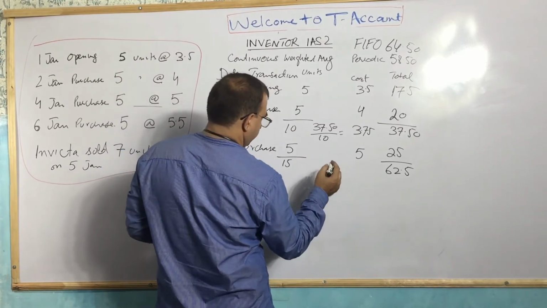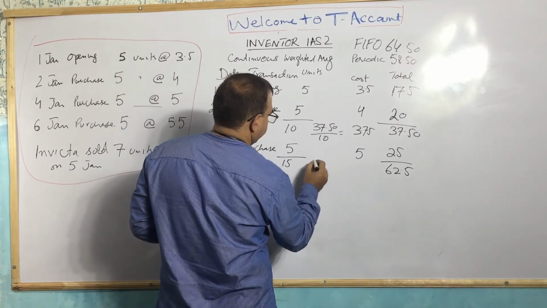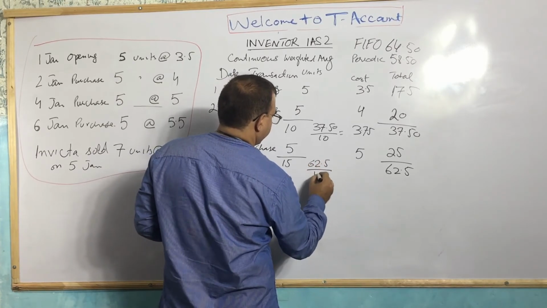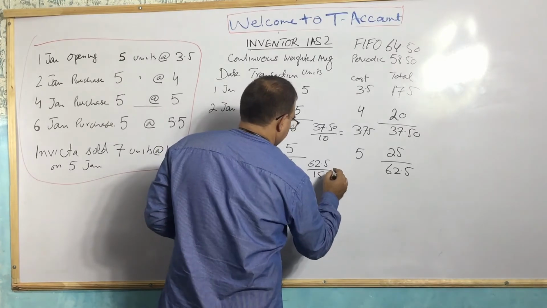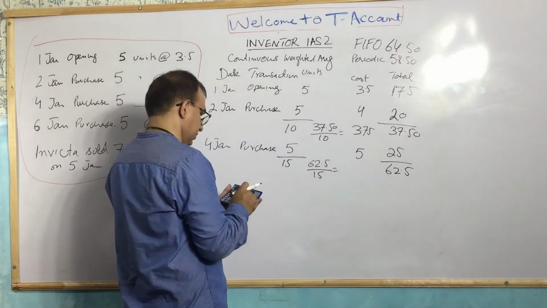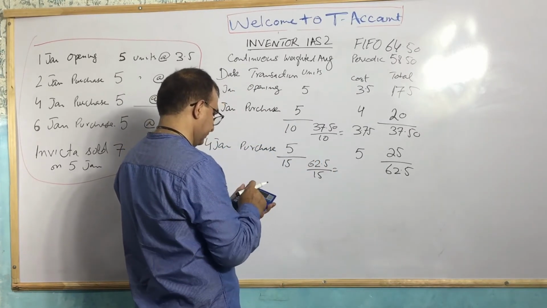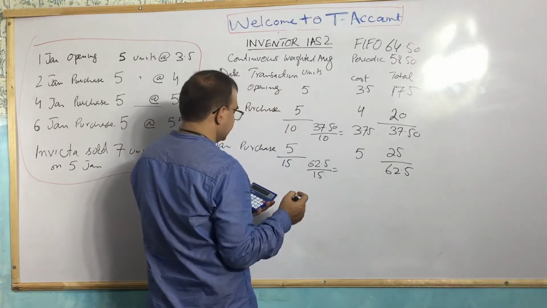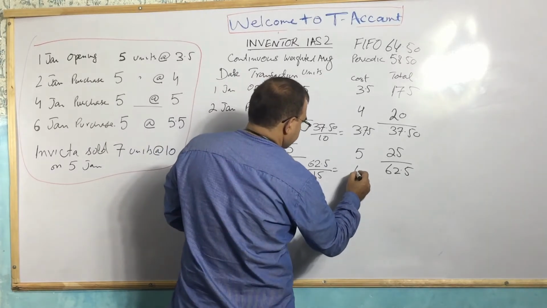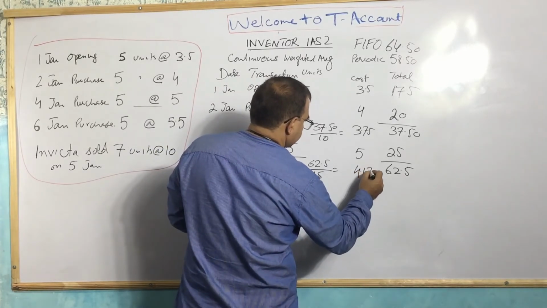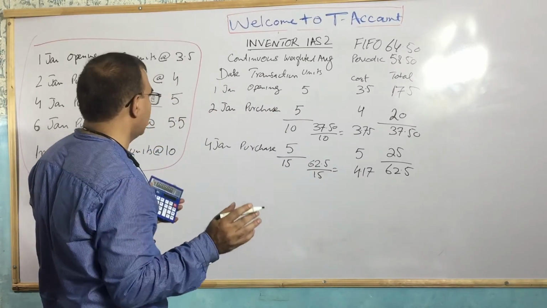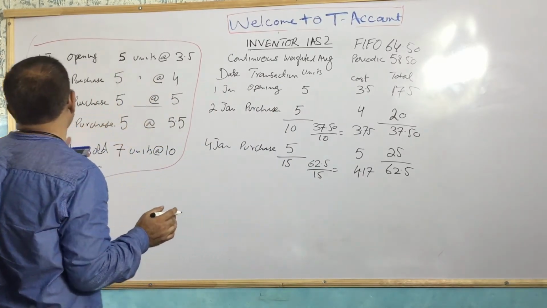We know how to calculate the updated rate. 62.5 divided by 15. You will get 4.1666, 4.17. That is our updated rate on 4th January after this transaction.